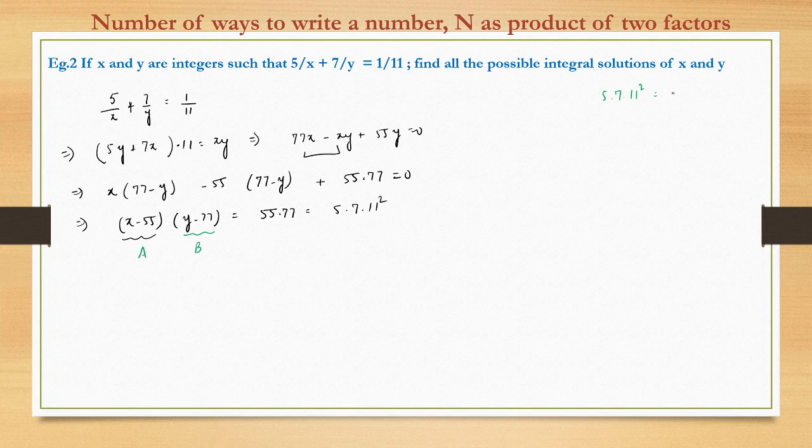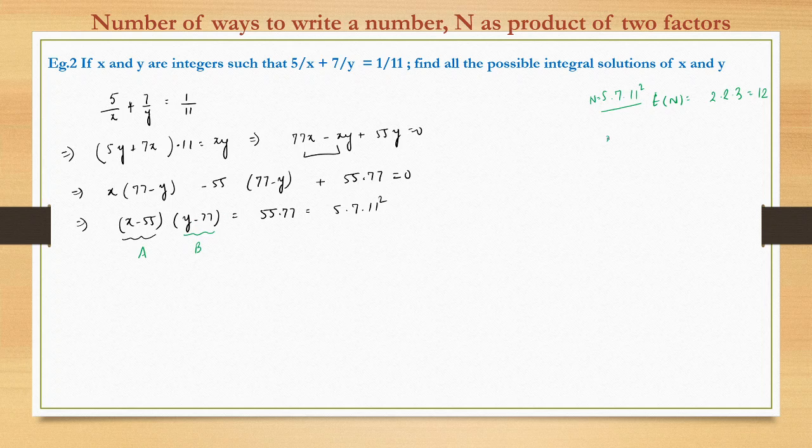So what would be the number of factors? The number of factors would be 2 into 2 into 3, which is 12 factors, right? In how many ways can we write this number as a product of two integers? And here we mean ordered pairs of integers because x and y may take any value.